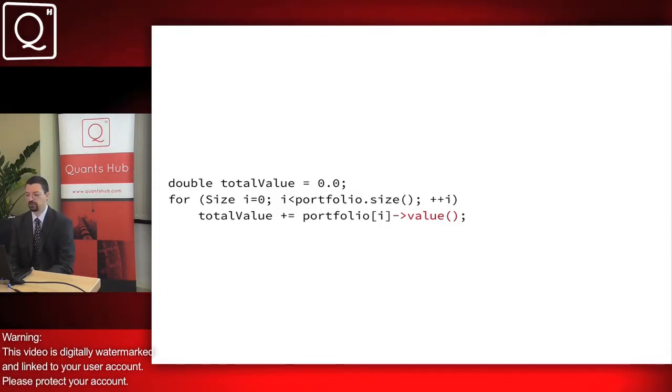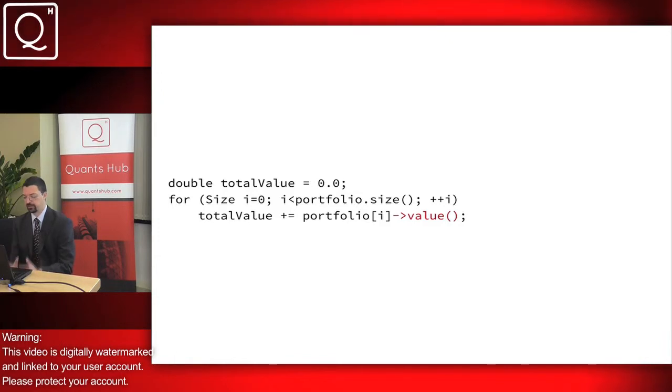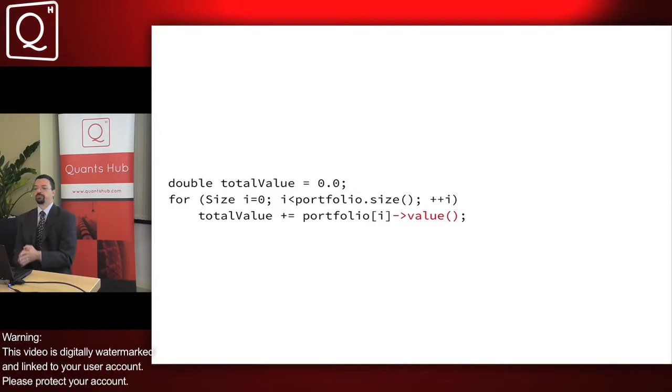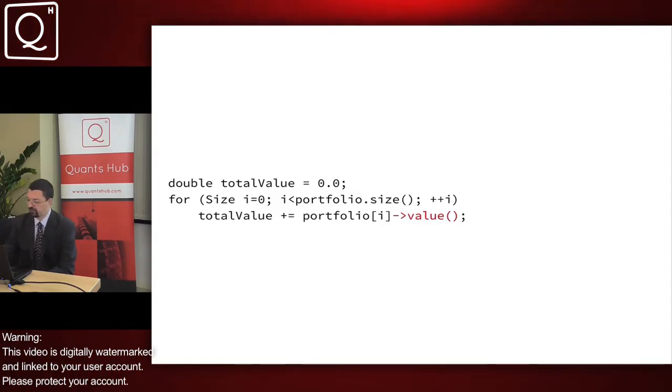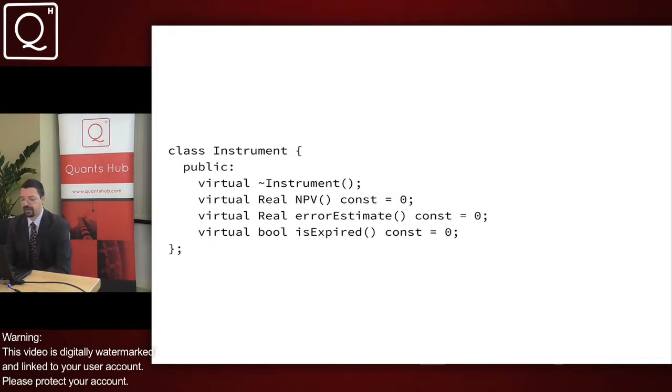So we don't know in the base class what the instruments will be. So all we can do in the base class is to define methods that don't take any arguments.